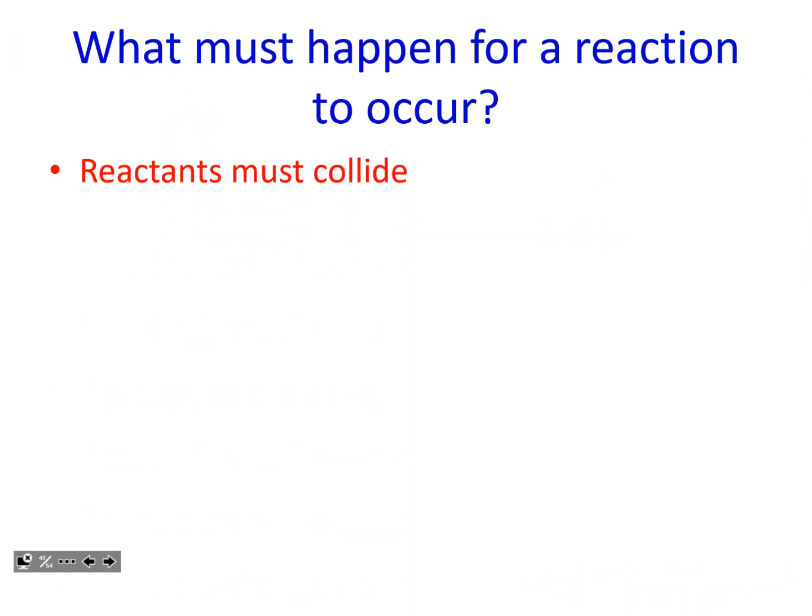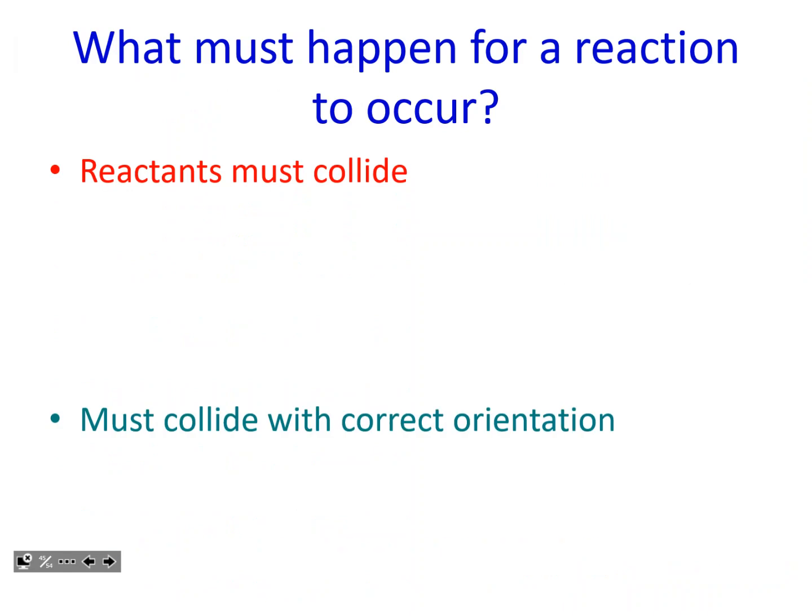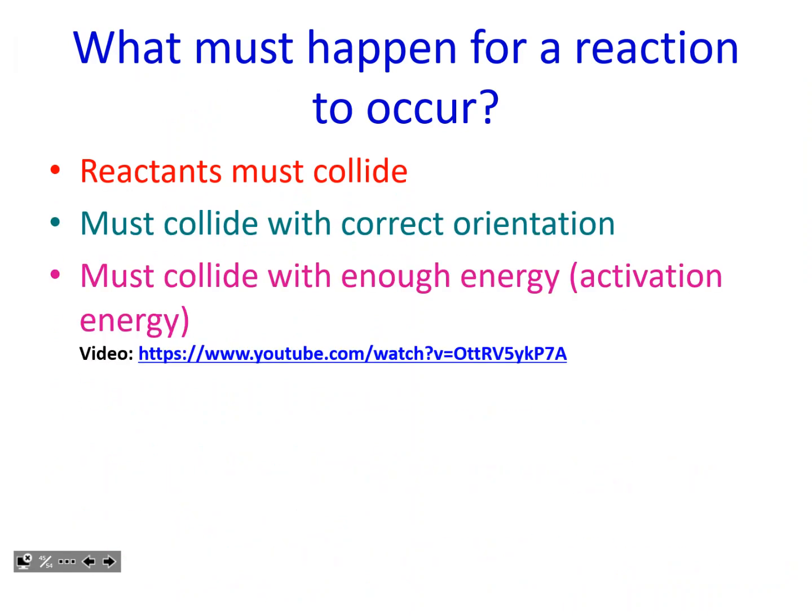Bond enthalpy. So let's review what we need to have a chemical reaction. 3 things have to happen in order for us to have a chemical reaction. Reactants must collide. This is collision theory. They actually have to bump into each other or you're not going to get any bond breaking. They also must collide with the correct orientation.